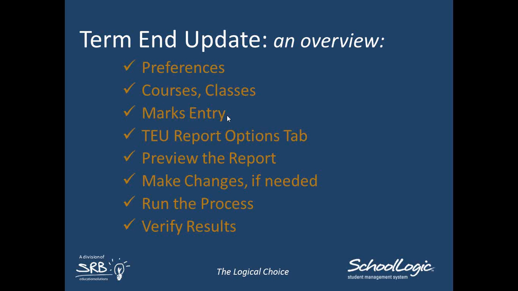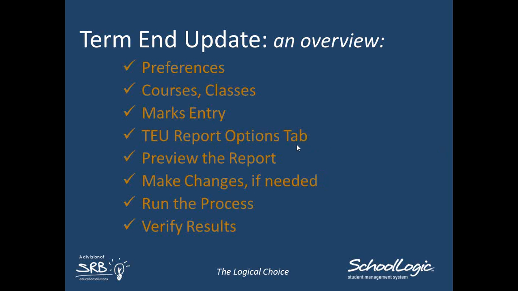I mean, it's the whole point of term end update: we want to take those term 1 grades and credits and whatnot and move them to history. So after we make sure that the marks entry are done, because that's generally done by the teachers, I will show you several different ways that you can check up and make sure the teachers have been doing their part. The term end update report options tab, that's really where you run the process.